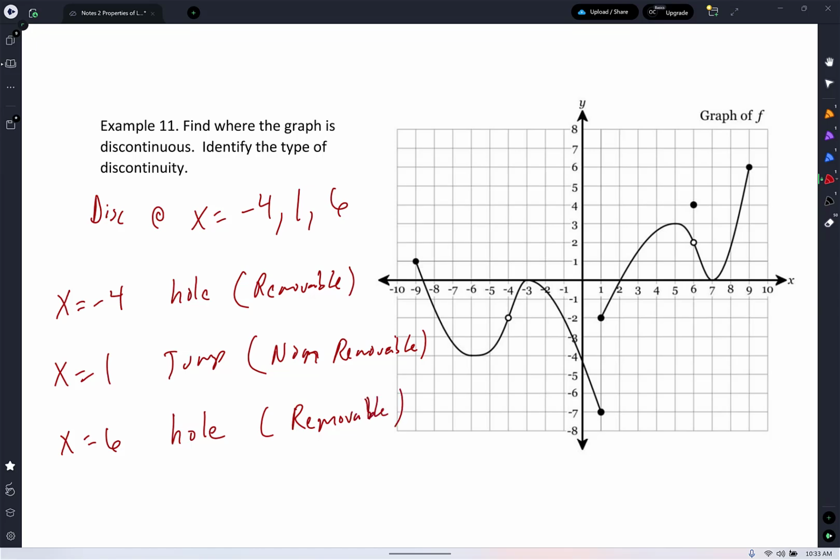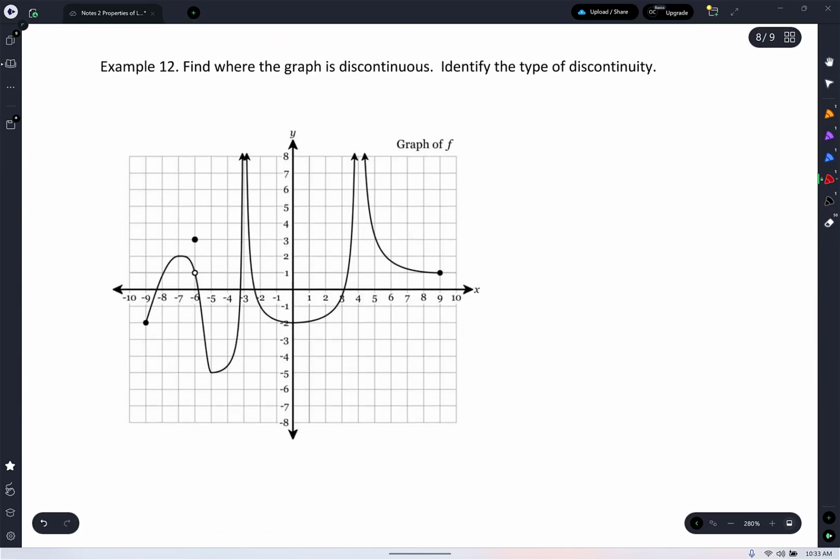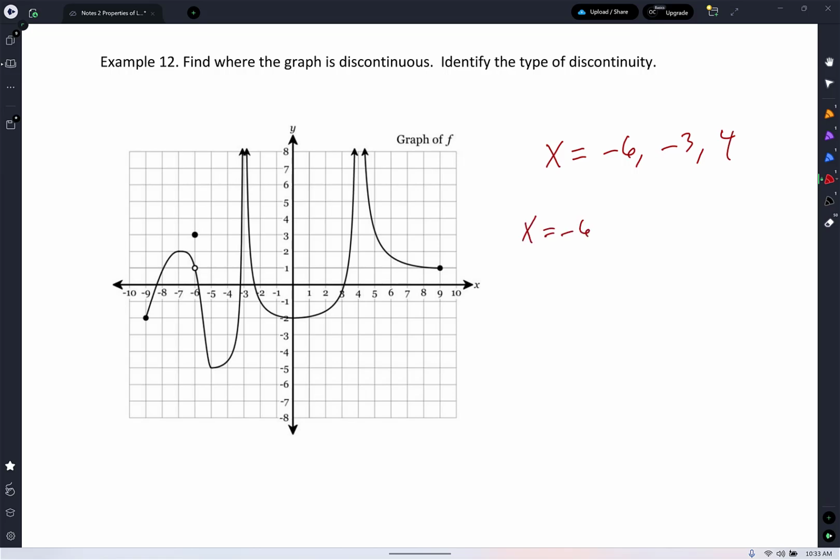All right, that's it. What else do we got? Same type of deal. Read a graph left to right. What's the first one? -6. What's the next one? -3. What's the next one? 4. All right. At -6, what type of discontinuity is that?